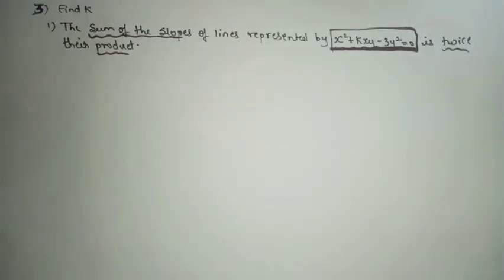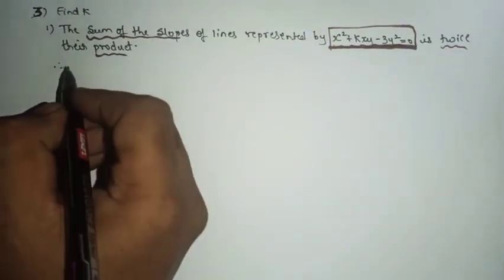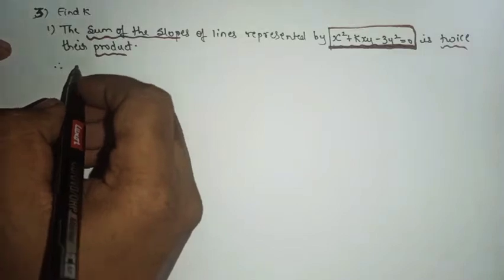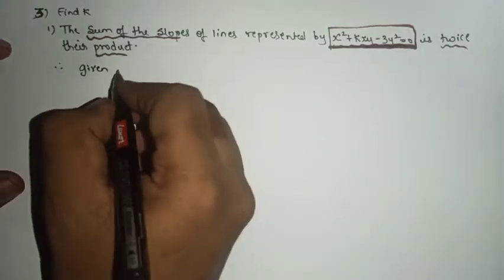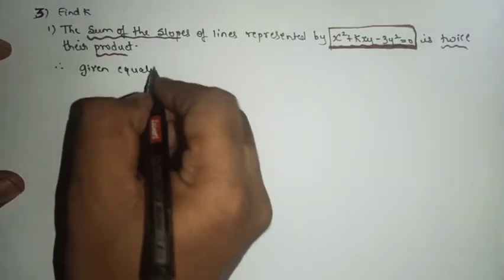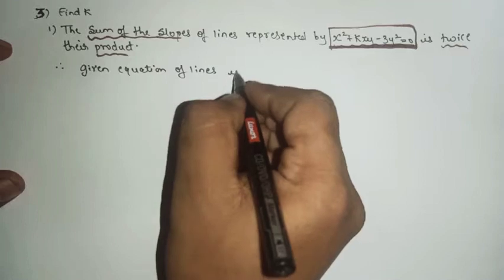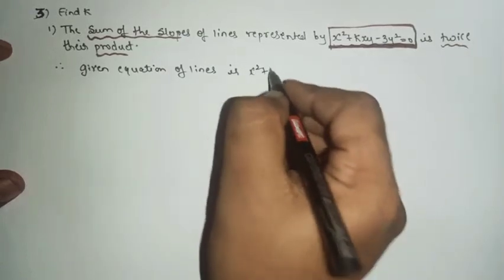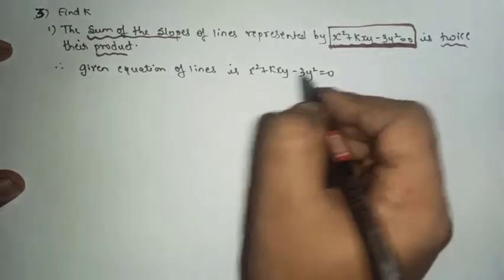Okay, so let's begin. Now here we have the condition, that is sum of the slope. The first step, what exactly we will do, listen here. As we have the given equation, the equation of line is x square plus kxy minus 3y square equals to 0.